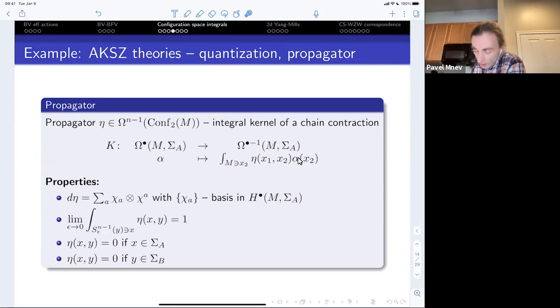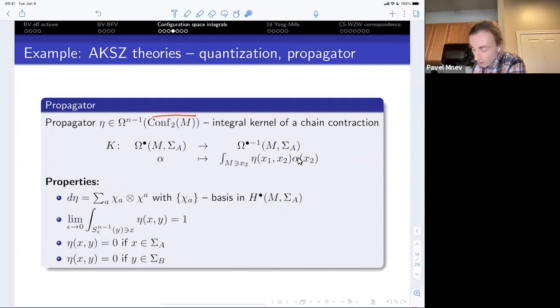So another way to characterize the propagator is that it is a form which is nearly closed. It's an n-1 form on configurations of 2 points, which is nearly closed. I should emphasize, on the compactified configuration space of 2 points. So in fact, D of it is a representative of the relative Euler class of M relative to the A boundary.